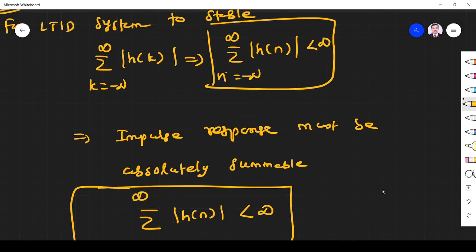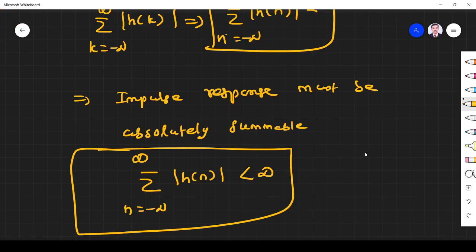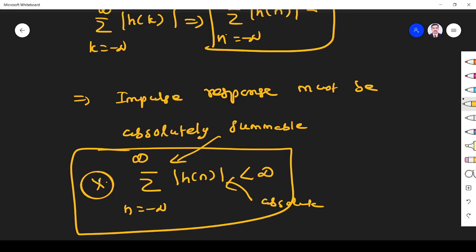Sum up the impulse response, and you should get a finite answer. If it does not become infinity, then only can we say it is an absolutely summable impulse response. This is the absolute value, or magnitude. This is the condition for an LTI discrete time system to be stable.